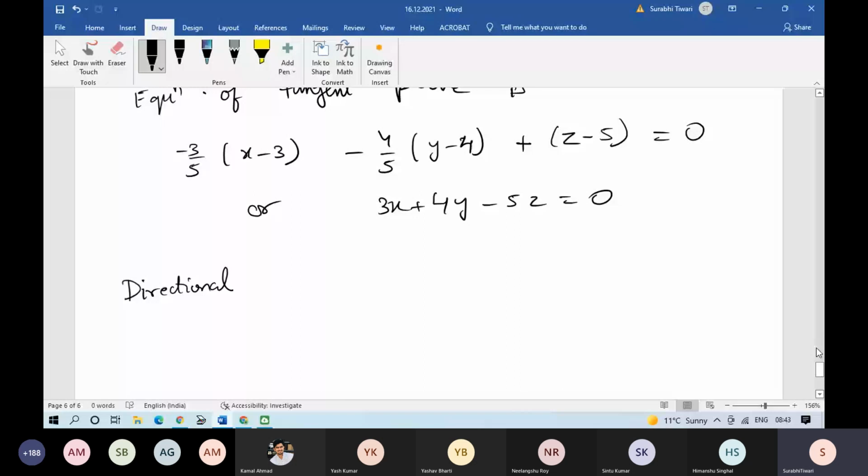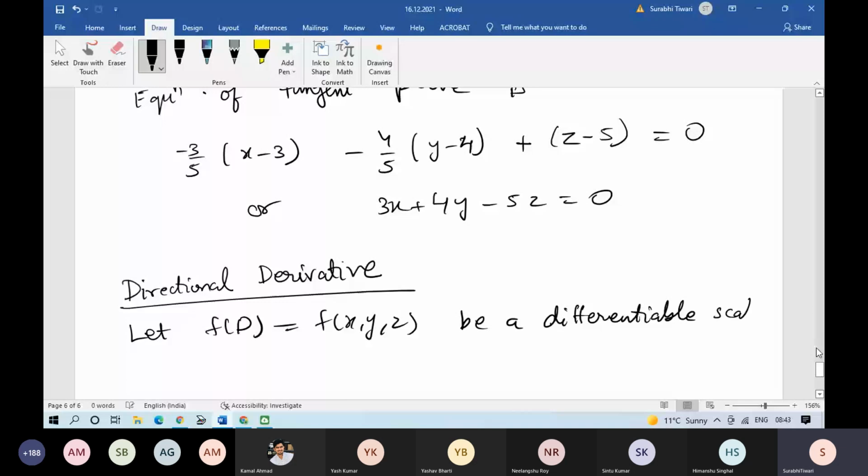Now coming to directional derivative. Again, let f(p) is equal to f(x,y,z) be a differentiable scalar field. Then the directional derivative, now you are finding the derivative of a vector along a direction.